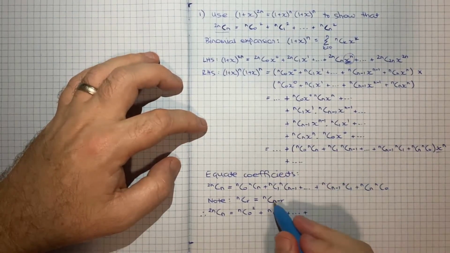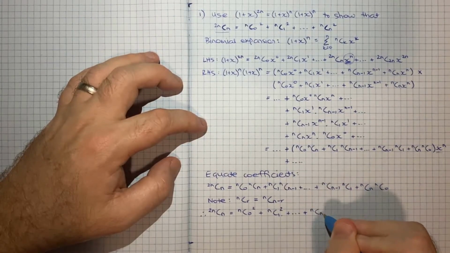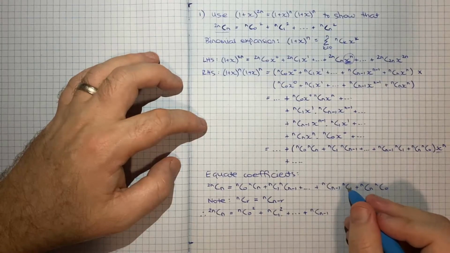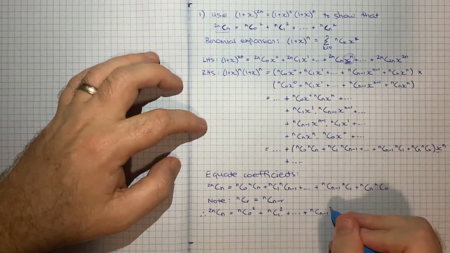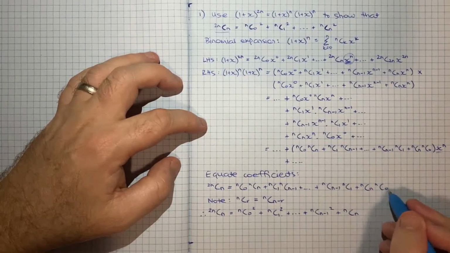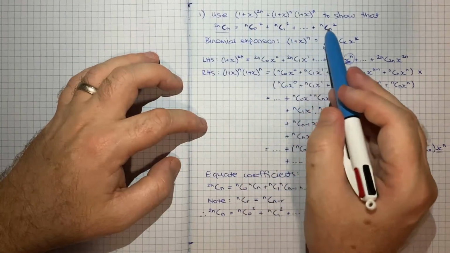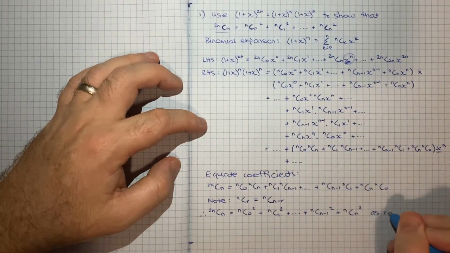And you see that this result gets us everything squared. nC(n-1) times nC(n-1), so that's squared, and then nCn times nC(n-n), or nCn squared. And that's the result. So that's what we were required to show.